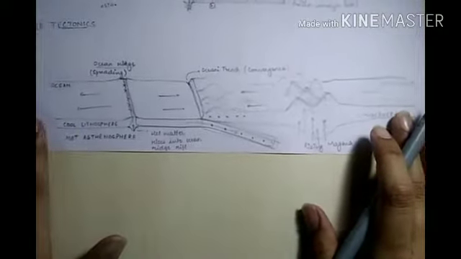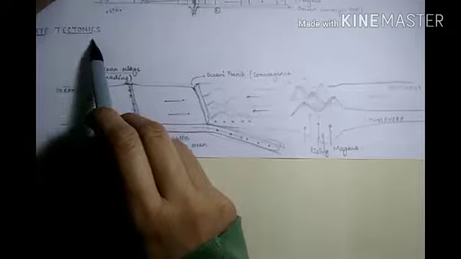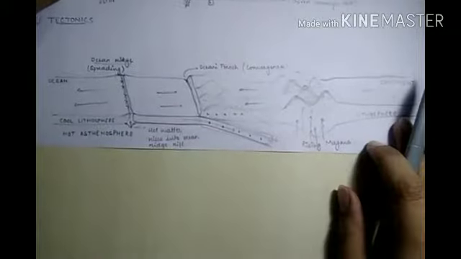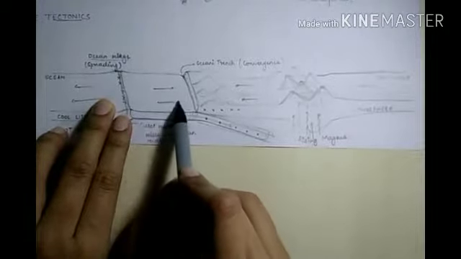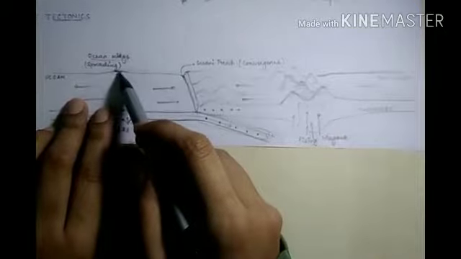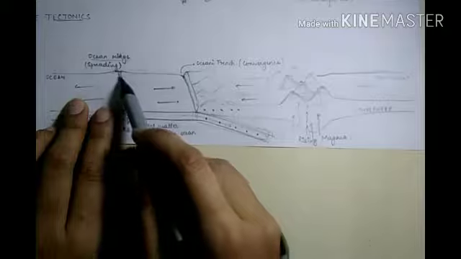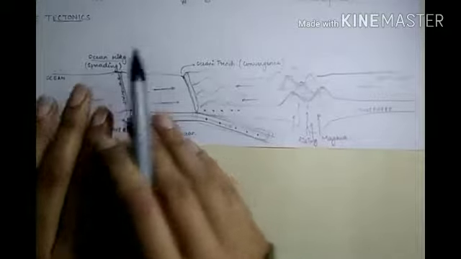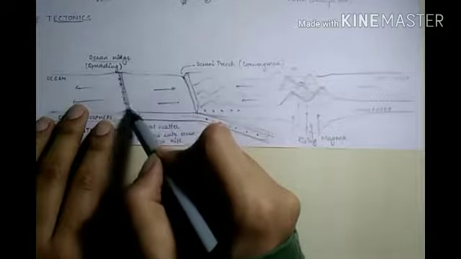Now this was the whole concept of plate tectonics. Now we will study the relation of plate tectonics with earthquakes. When this oceanic plate is moving apart, this area is cracked, and because this area is cracked, we have mild earthquake here at the boundary.